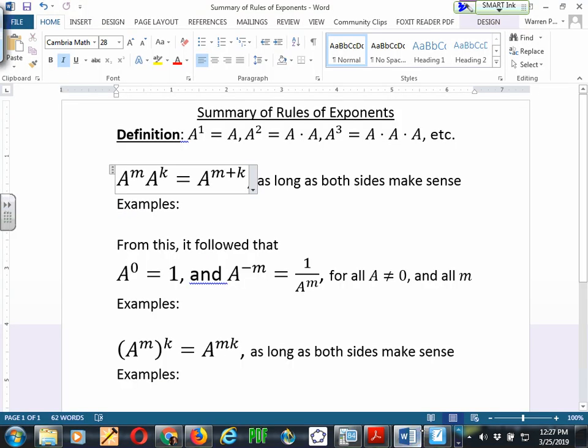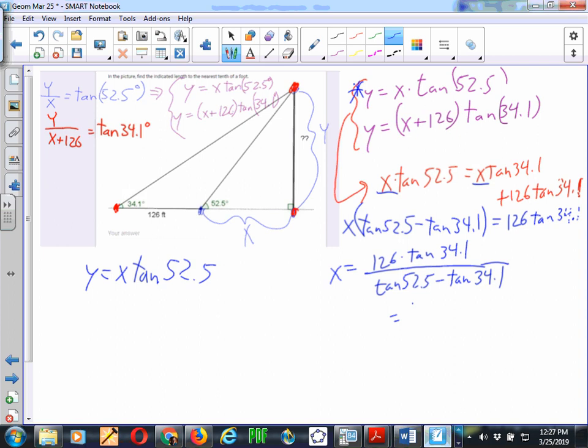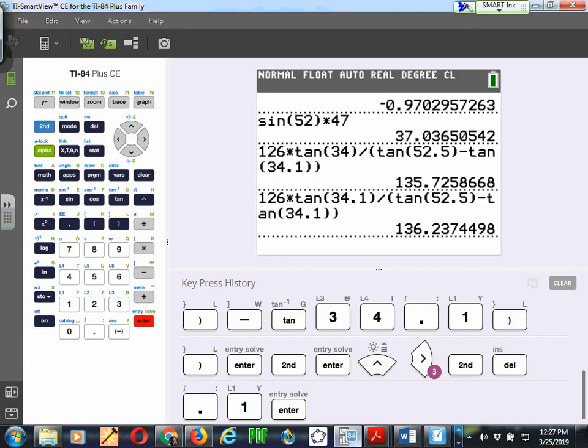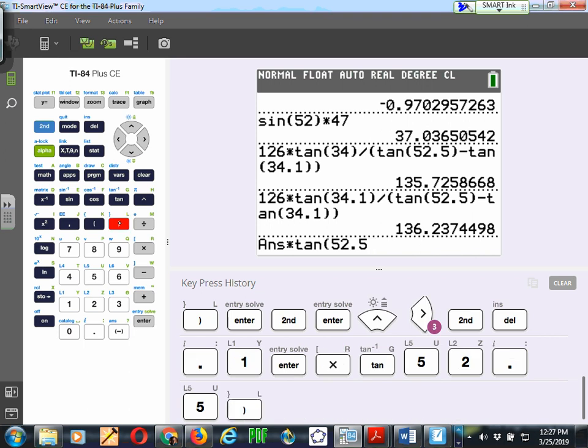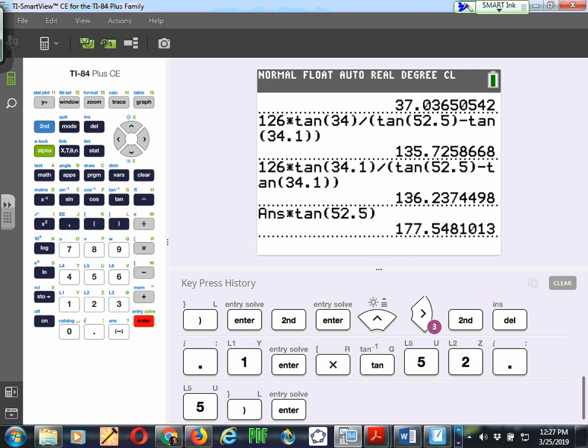136.24. So this should be 136.24. And then y equals x times the tangent of 52.5. Again, I'm not going to round that and then multiply by the tangent of 52.5. I'm going to take that answer and just hit times tangent of 52.5. And what I get is 177.5, because on this problem I ask you to round it to the nearest tenth of a foot.